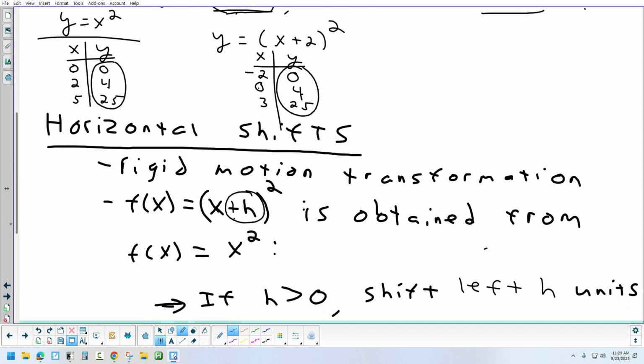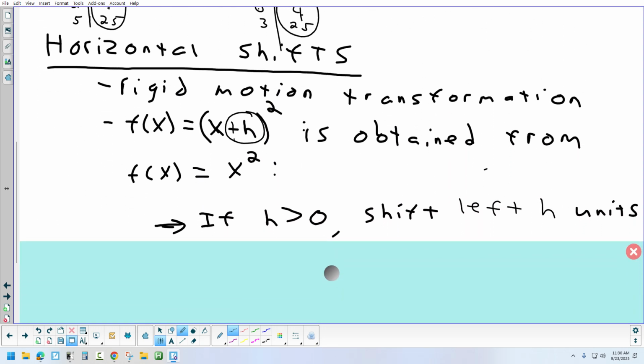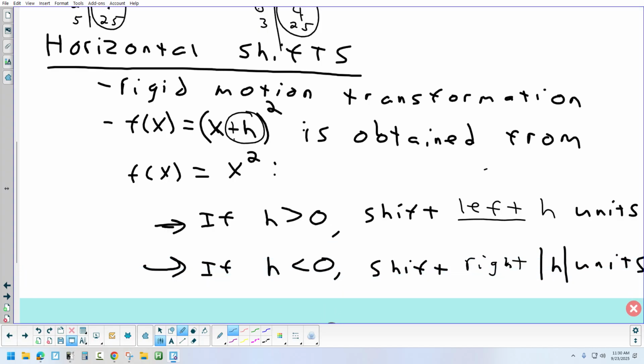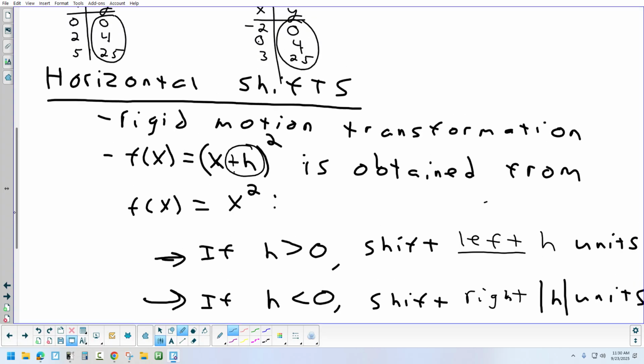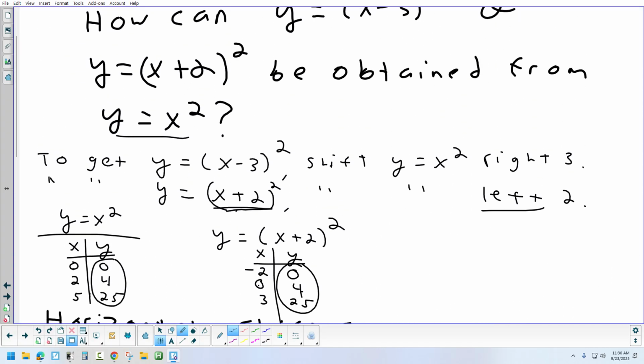Positive values move you to the left. Greater than 0, left. A negative value is going to move you to the right. And that's like this one. That's a negative 3, and negative moves you to the right.